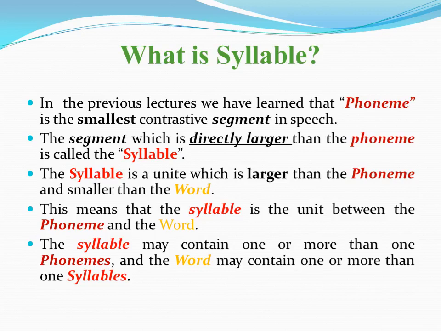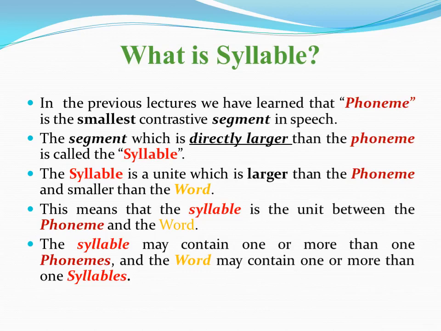What is the unit which is directly larger than the phoneme? The answer is that the unit which is directly larger than the phoneme is called the syllable. It is a unit which is larger than the phoneme, but it is smaller than the word.